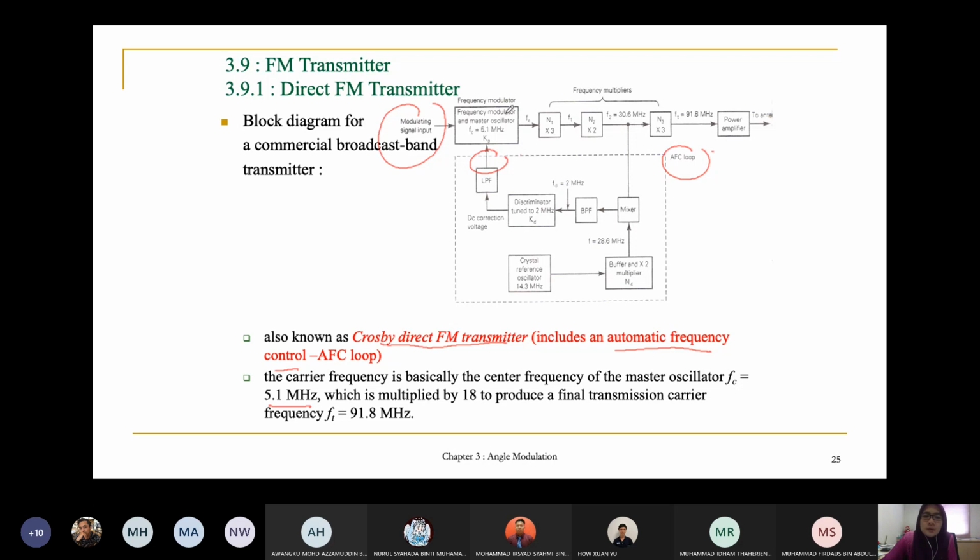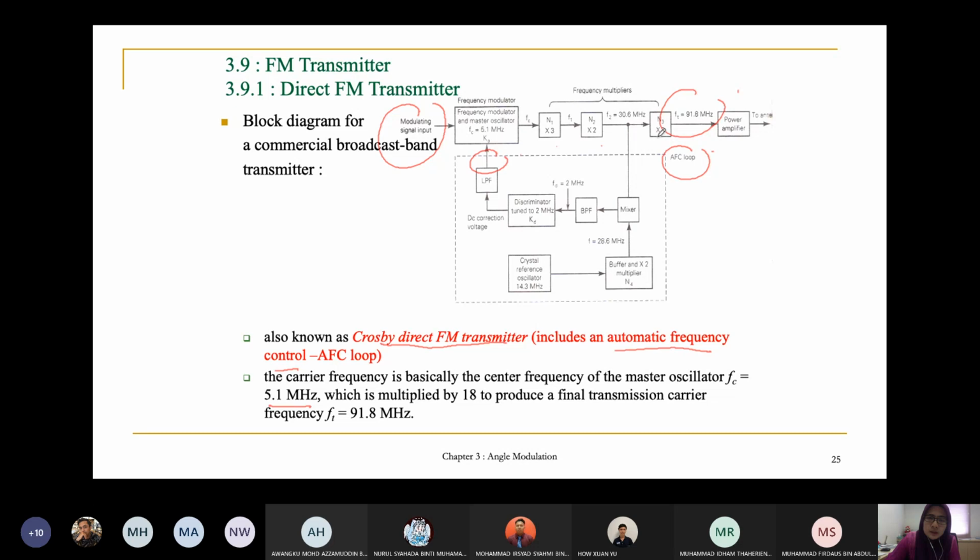So for example, since your frequency FC at this point is 5.1 megahertz, but at the output you want it to be 91.8 megahertz, then you must multiply the FC with 18. That is why you have these three multipliers. 3 multiplied with 2 multiplied with 3 is equal to 18.